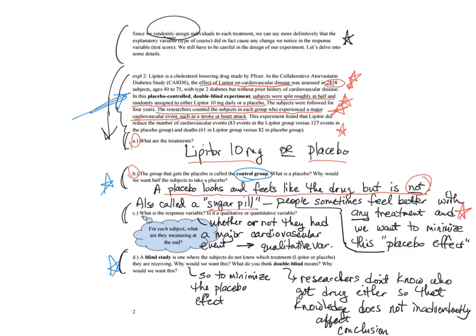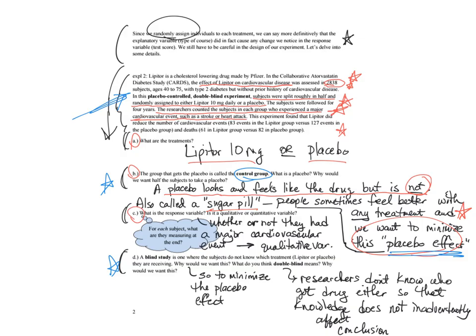And so by giving half of the subjects a sugar pill or a placebo, we minimize the effect that your brain is just going to say, you know what, I got this drug and I am feeling better. If we just gave people Lipitor, we could not distinguish between what the Lipitor was doing and what people's optimistic outlook was doing. Again, this is called the placebo effect. You will see that defined specifically on the last page.